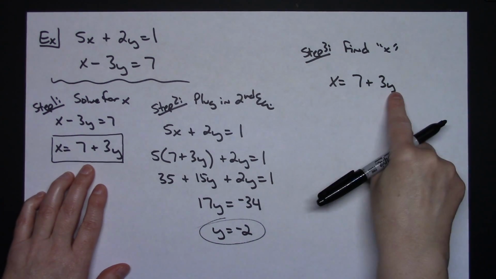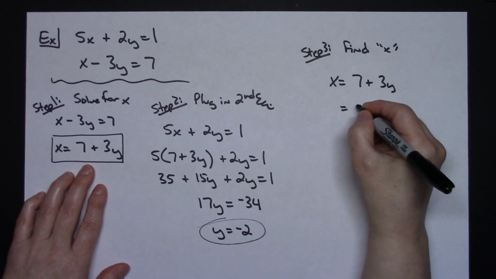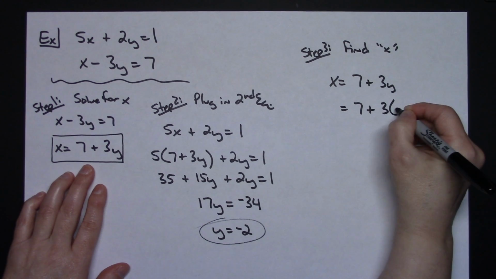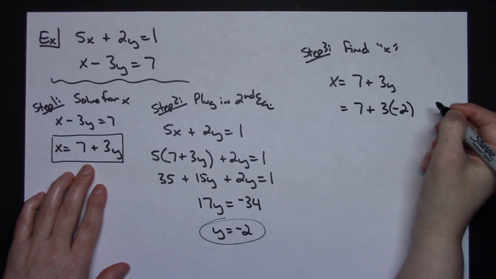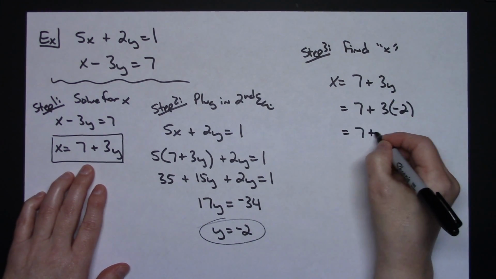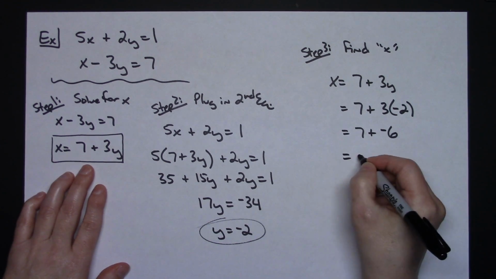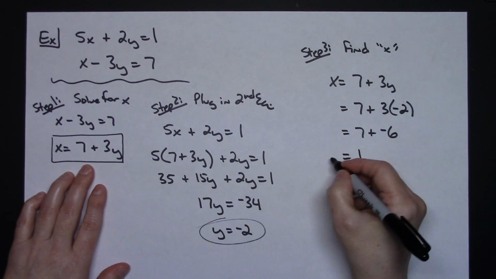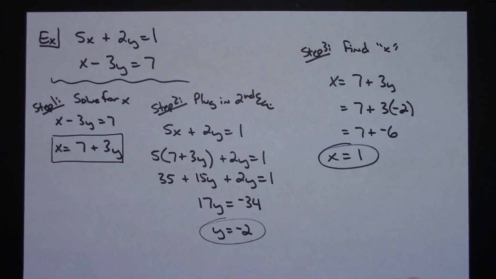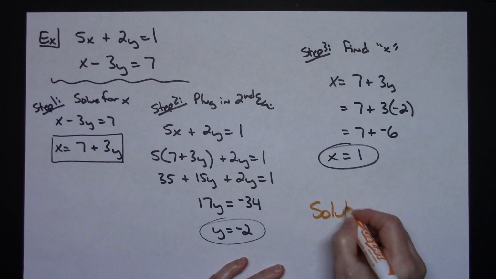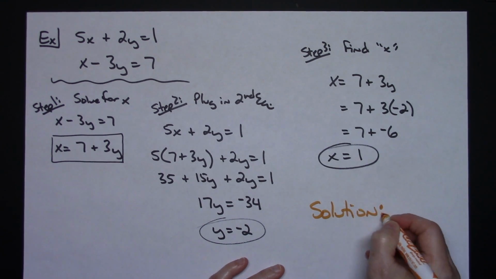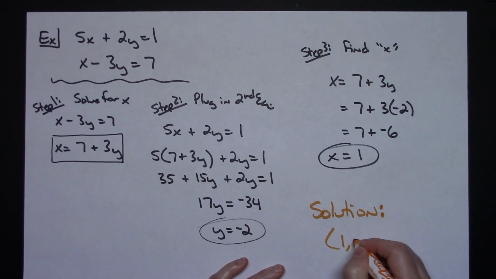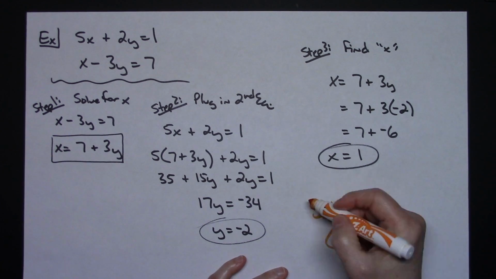I know y is negative 2, so I'm going to plug it in: 7 plus 3 times negative 2. That's 7 plus a negative 6, which is going to give me a 1 for my x value. Again, this needs to be written as an ordered pair for my solution. So my solution is going to be the ordered pair (1, negative 2).